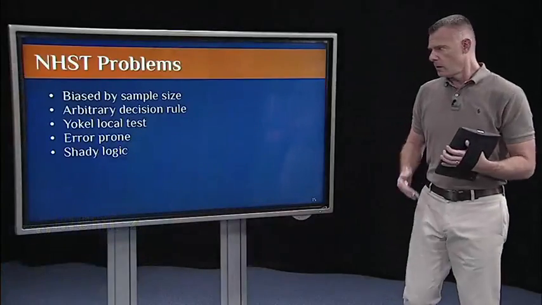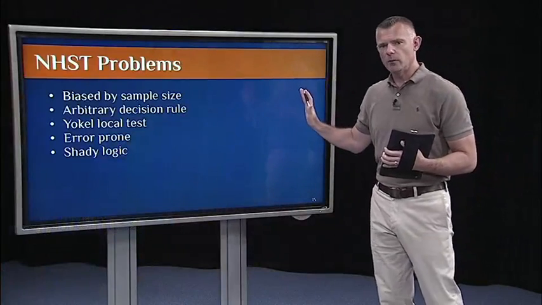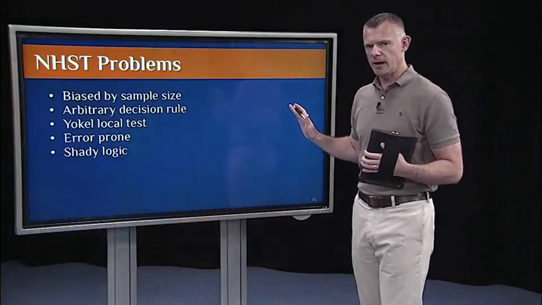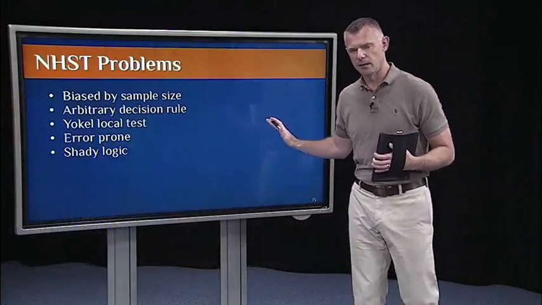I'm going to list several problems that critics of NHST are quick to point out, but I'll also note some remedies that you can supplement your NHSTs with to overcome some of these problems. So there are several problems with NHST, and I've listed just 6 here.